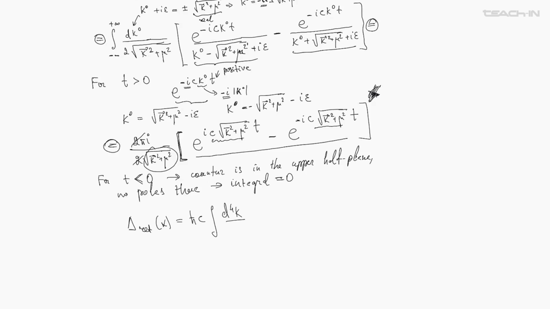And here I will have i divided by (k0 plus i epsilon) squared minus k squared minus mu squared, times exponential of minus i kx, where this kx is a relativistically covariant scalar product, k mu x mu.